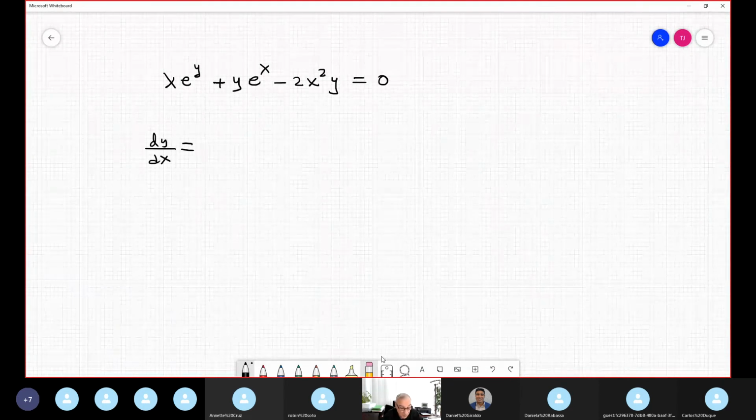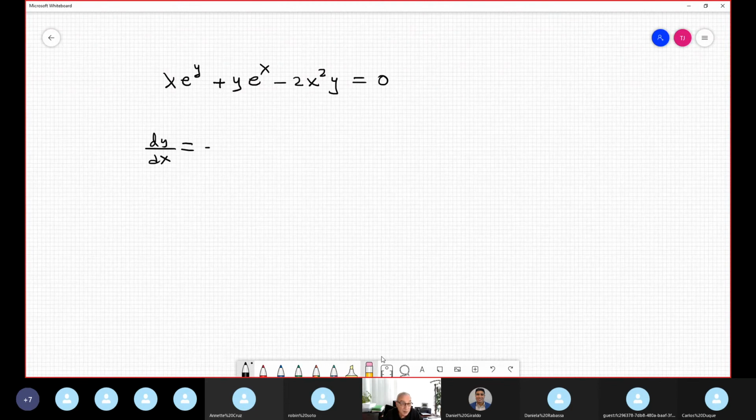And then the formula says it is minus partial derivative with respect to x divided by partial derivative with respect to y. The partial derivative with respect to x: differentiating this with respect to x gives e to the y. Differentiating this with respect to x, e to the x stays the same.